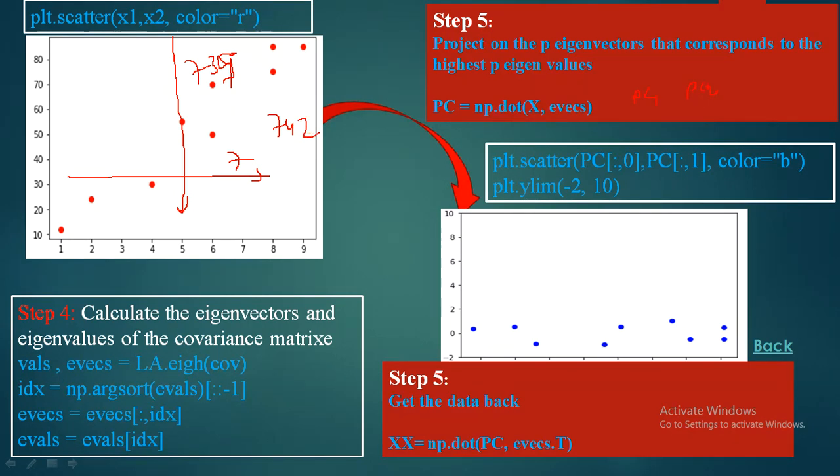Now here PC1 may capture almost 95% of the variance. And PC2, which is perpendicular to PC1, only captures 5% of the variance.